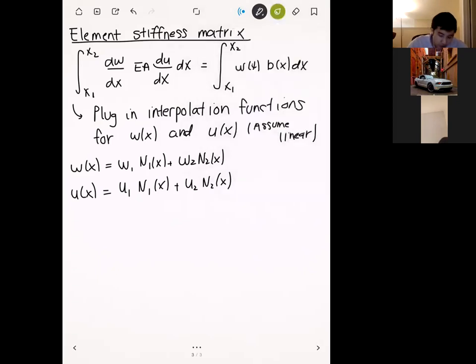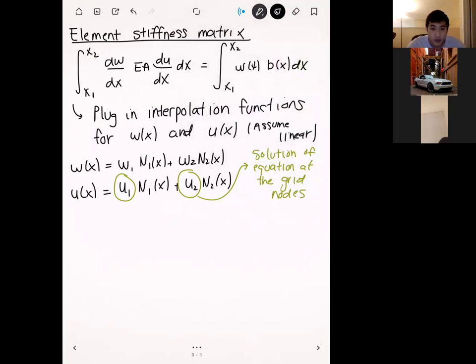And u1 and u2 here are what we're interested in, because u1 and u2 are the solutions to our equation at the nodes in our grid.